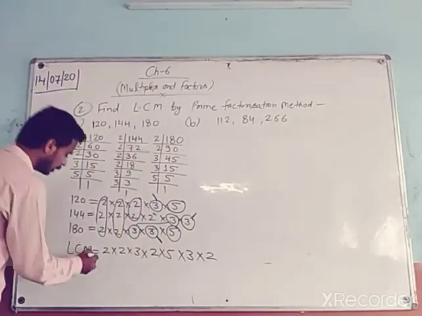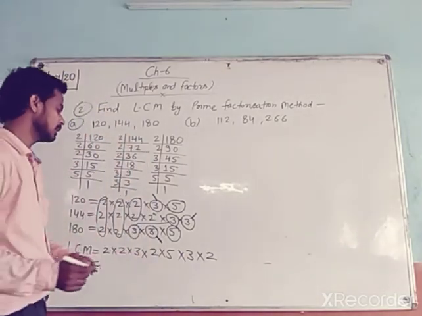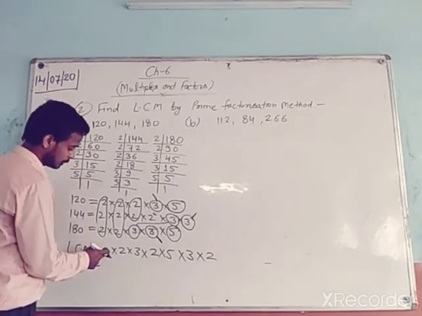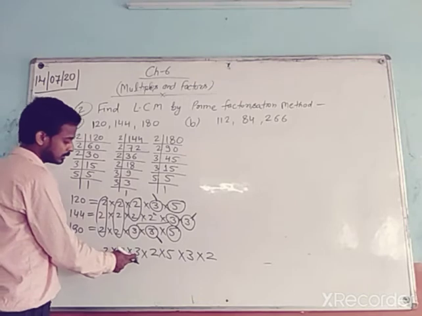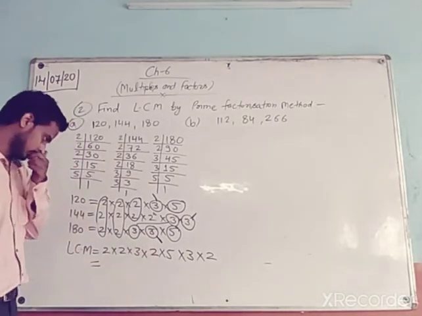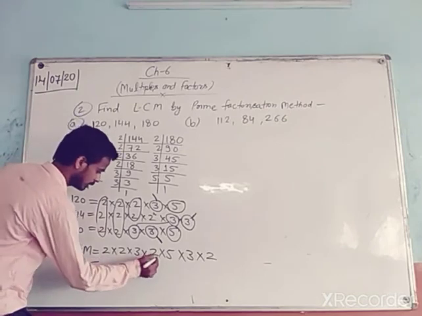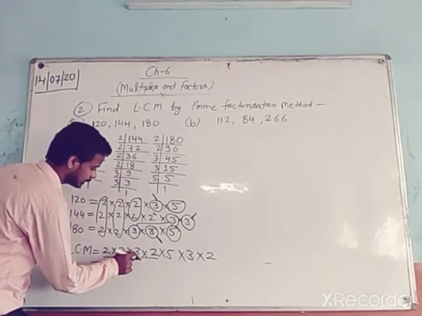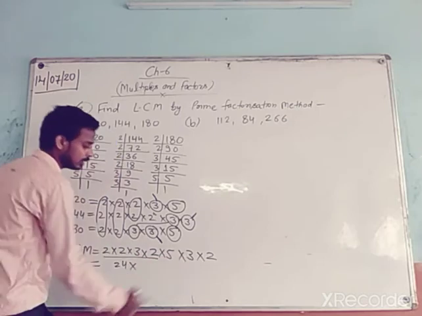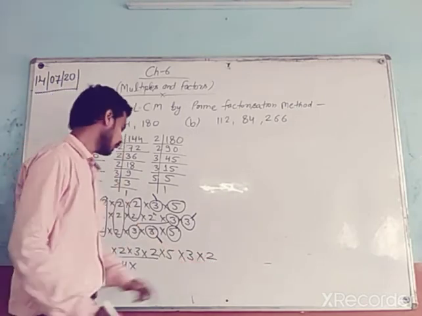Now the product of these numbers is the LCM of 120, 144 and 180. 2 2s are 4, 4 3s are 12, 12 2s are 24. 24 multiplied by 5 is 120, and 120 times 3 is 360.